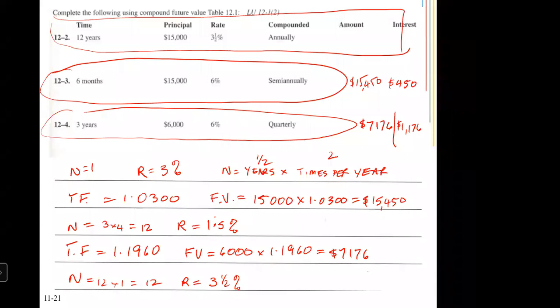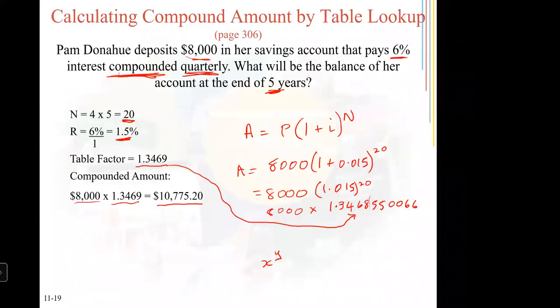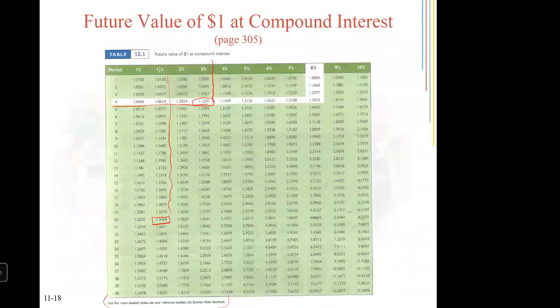Could you repeat that? You said that the 3.5 was in the extra book that came with the book. Yes, there's a small manual. Let me see what they call it here: Business Math Handbook.